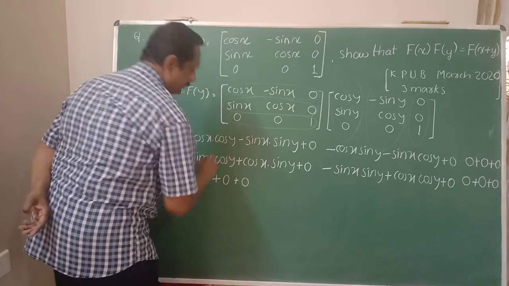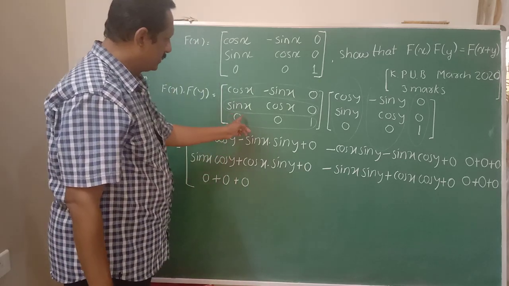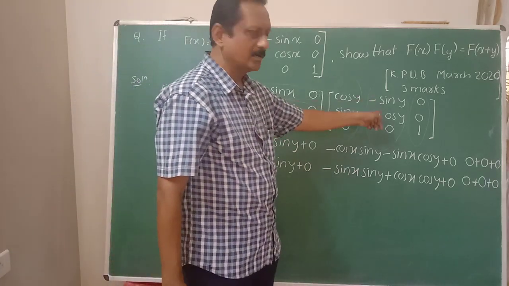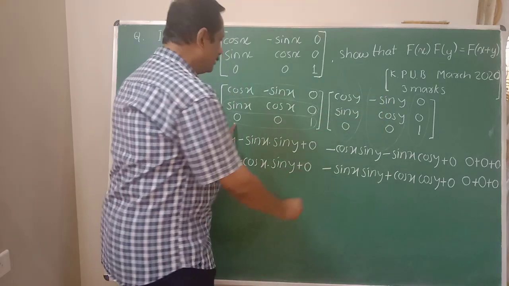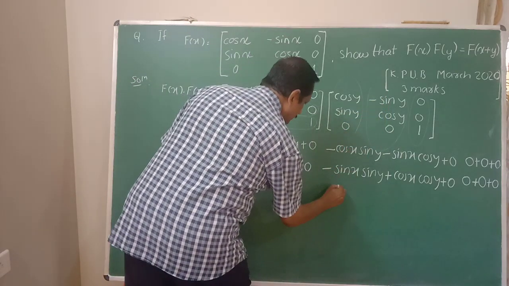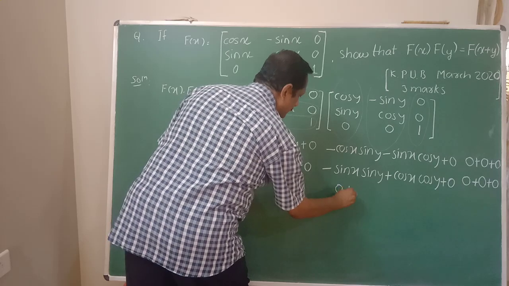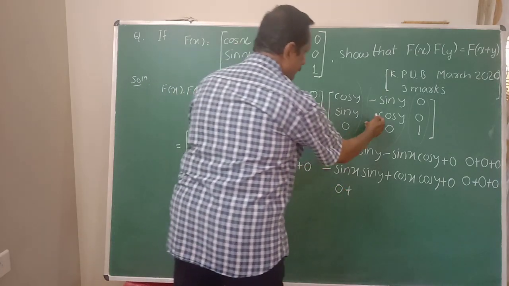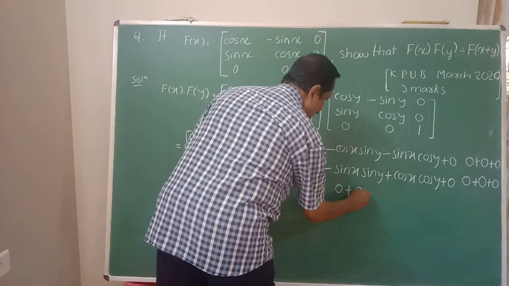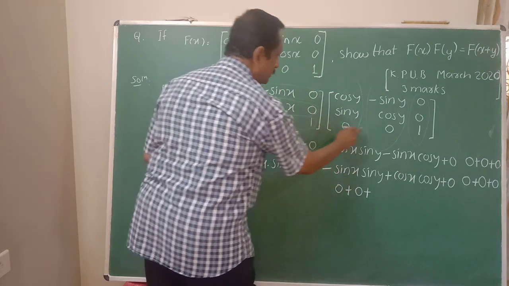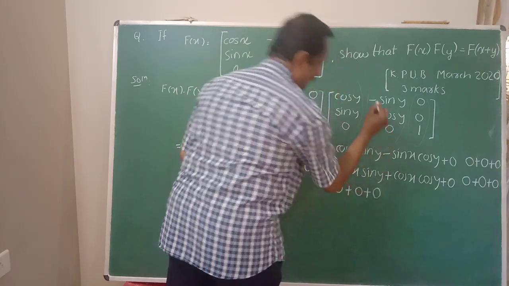Then multiply the third row with the second column now. 0 into sin y is 0, so write here 0. Then a plus, 0 into cos y becomes 0, plus 1 into 0 is 0. So it is 0.